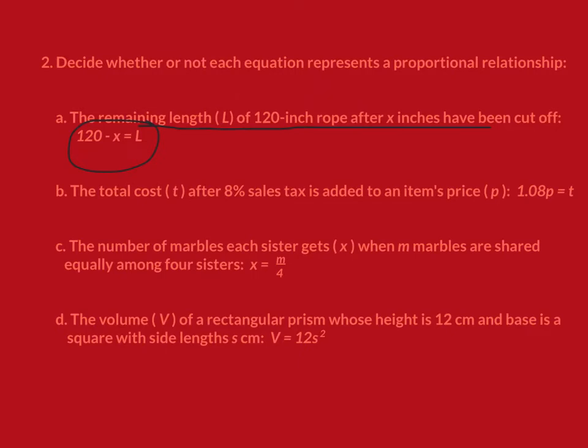And the only way something can be proportional is if there's a constant of proportionality, meaning to get from one variable to the next, the only options are to multiply or divide. If we do anything else, it's not proportional. So this one, because we're subtracting, is not proportional. It says decide if each one is a proportional relationship. So this one is not.